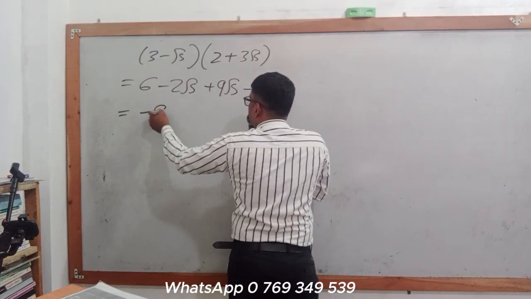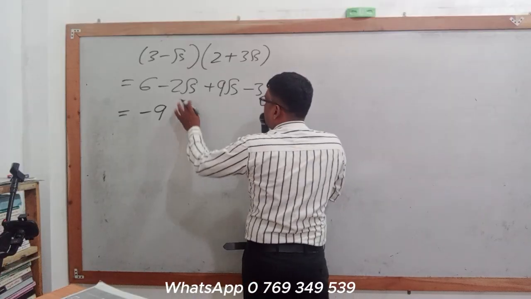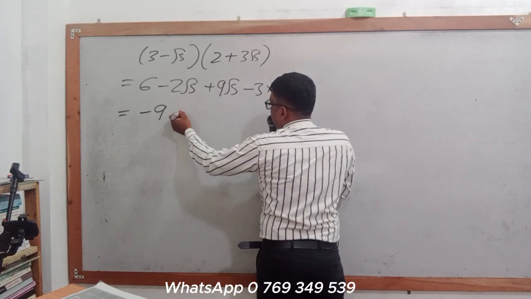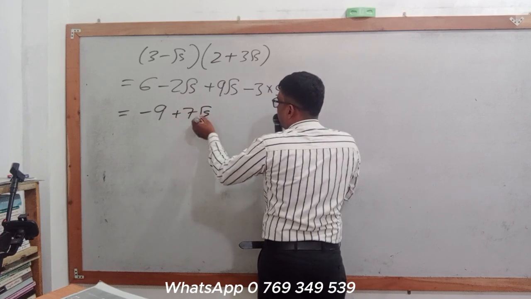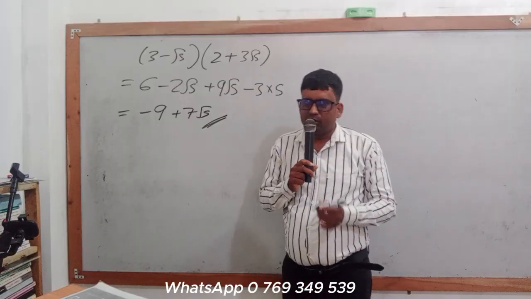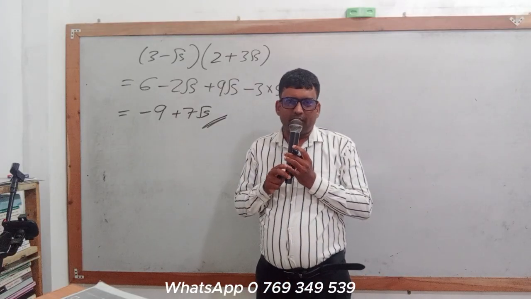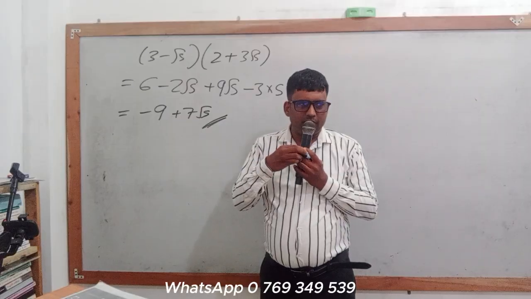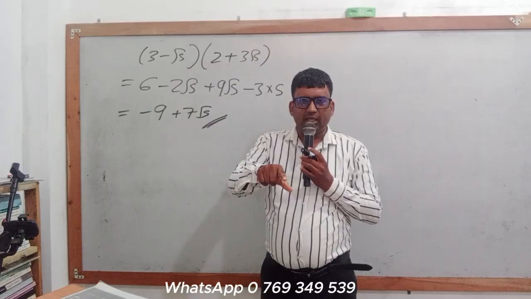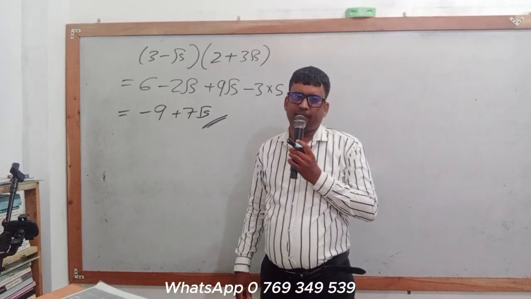Taking 6 minus 15, that is minus 9. And 9 root 5 minus 2 root 5 is 7 root 5. That is the answer. Very simple, because this is the Grade 12 first term paper.